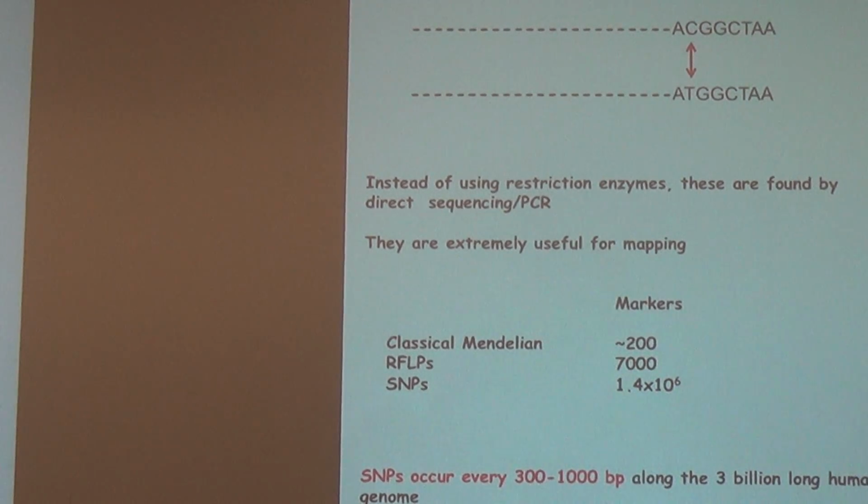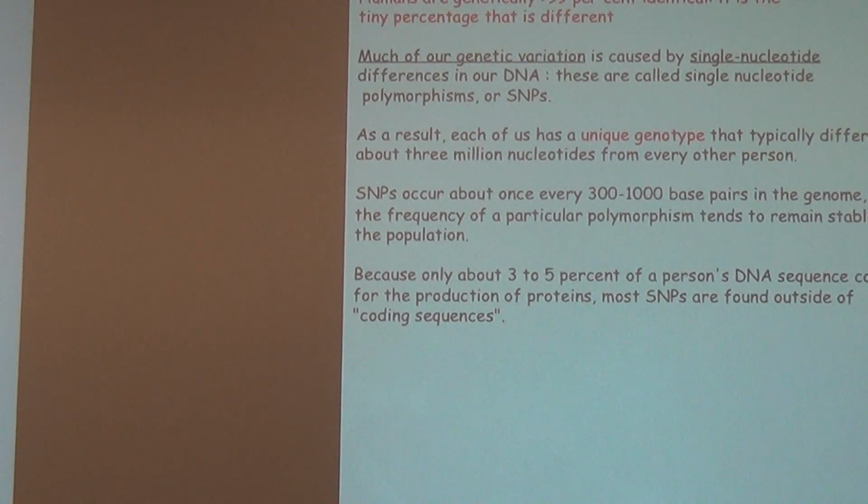So this is the power that we are now dealing with. Okay, so humans are 99% identical. And it's that tiny difference, a fragment of that tiny difference is basically the SNPs, and that's what we're going to use to study how one individual differs from another.